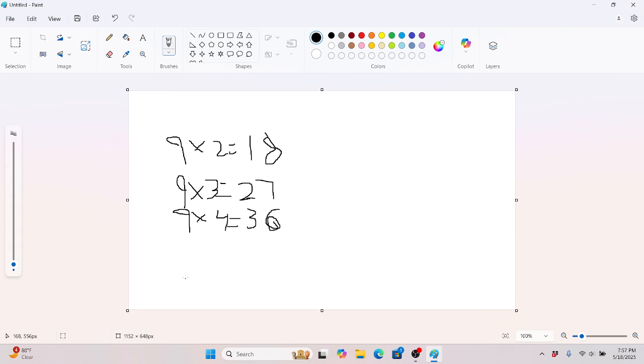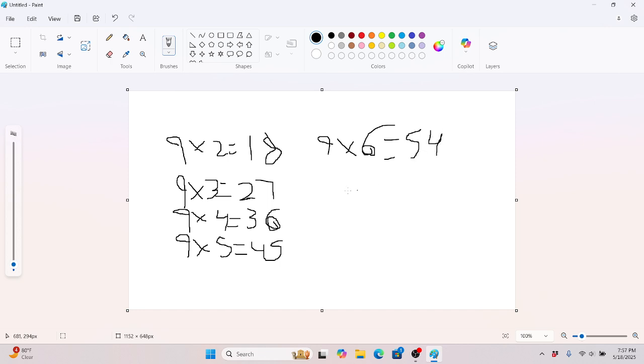You can do the math on it, that's just how it works. 9 times 5 equals 45, and 9 times 6 equals 54. It's an easy way to do nines.